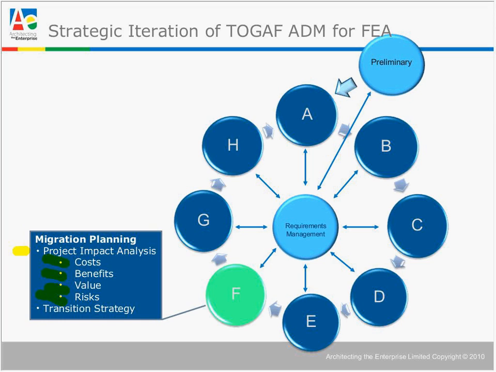TOGAF 9 talks a lot about risks. It starts talking about risks in the early phases and carries it all the way through. And then we do a detailed transition plan at this point.